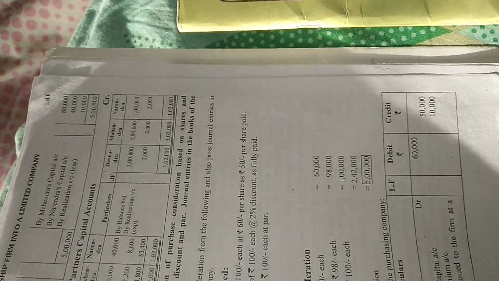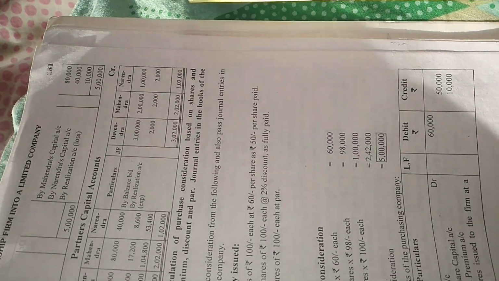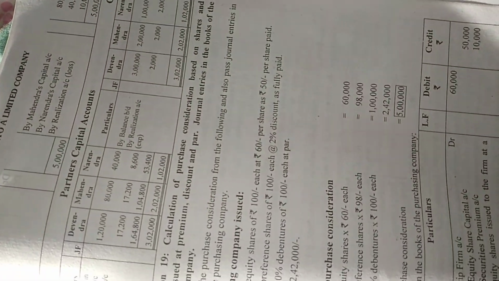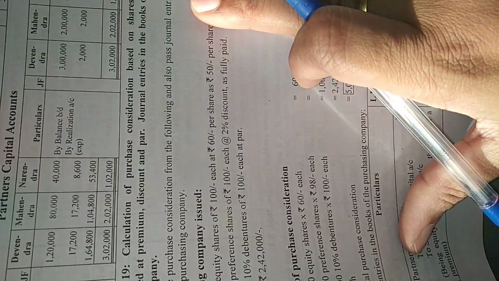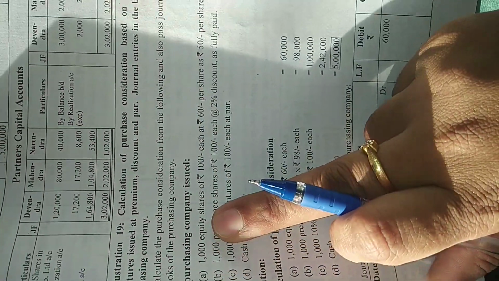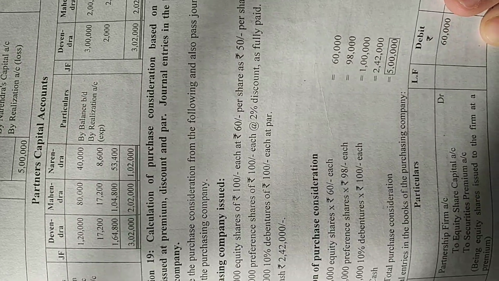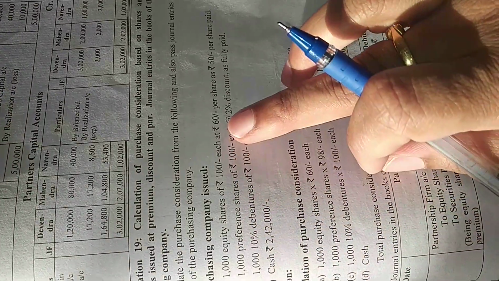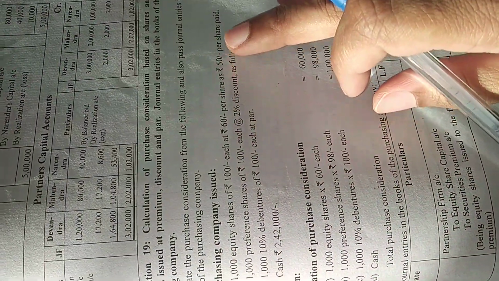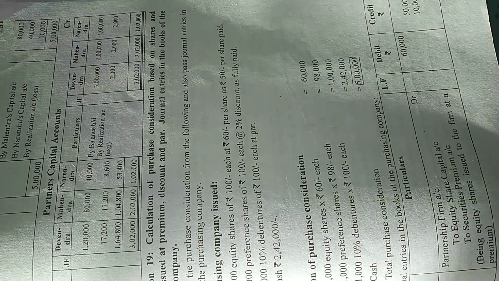The next question that I'm going to do will be this, incorporated in your full 14 mark or 6 mark question. So: calculate the purchase consideration from the following and also pass journal entries in the books of the purchasing firm. The purchasing company issued 1000 equity shares of rupees 100 each at rupees 60 per share as rupees 50 per share paid.